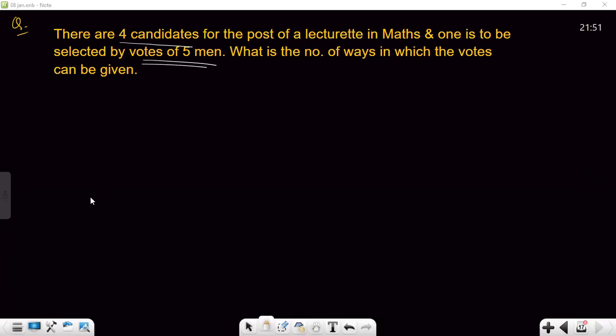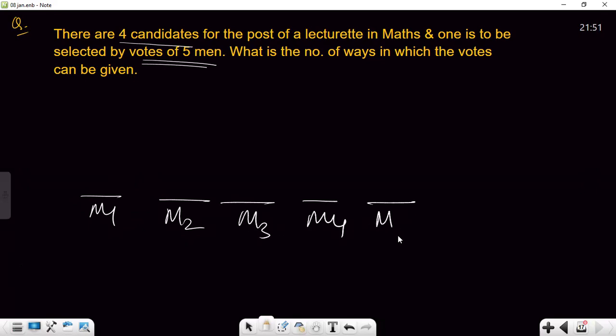So let's say man one votes. Let's make the votes of these persons as places: man two, man three, man four, fifth man. How many choices do they have? They have four candidates to select from.